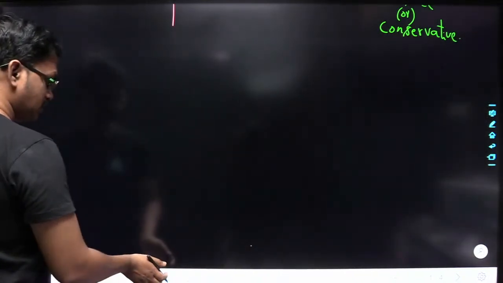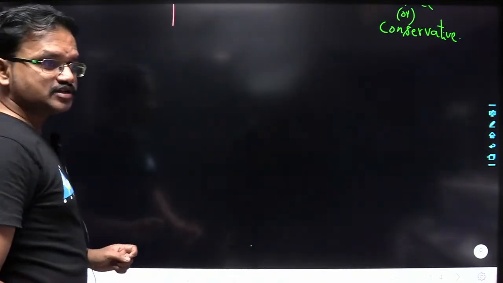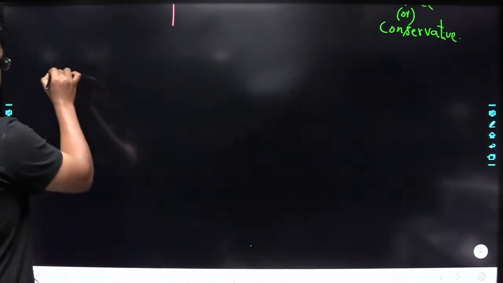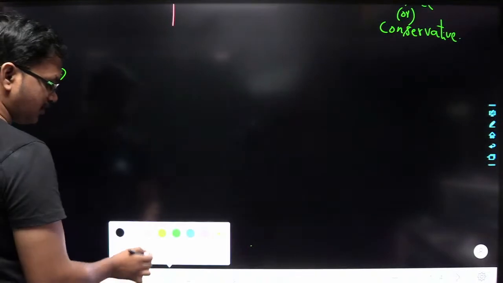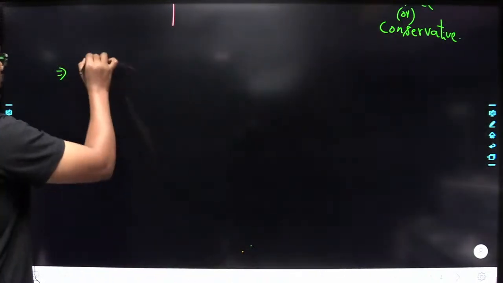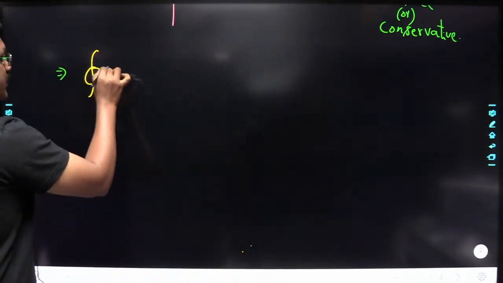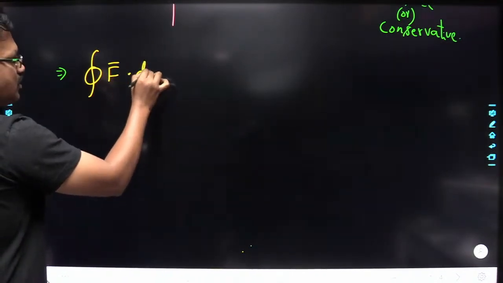We know how to represent the circulation of the vector field around any closed loop. We can represent it as the closed loop integral of F bar dot dl bar.